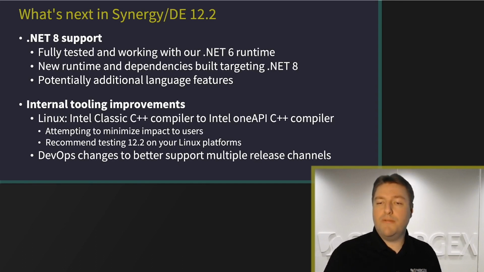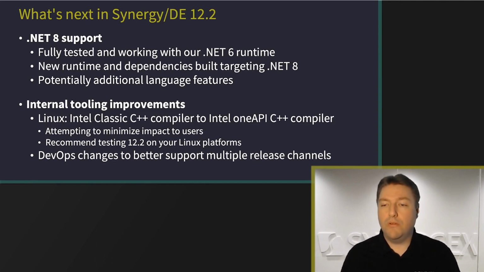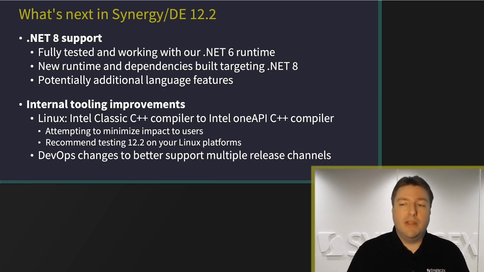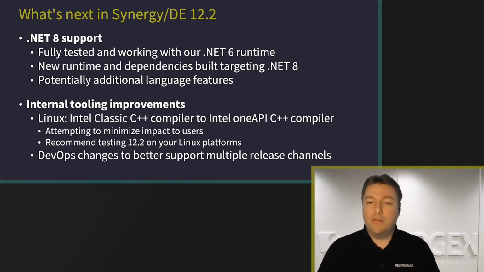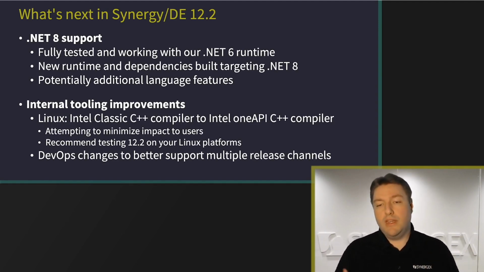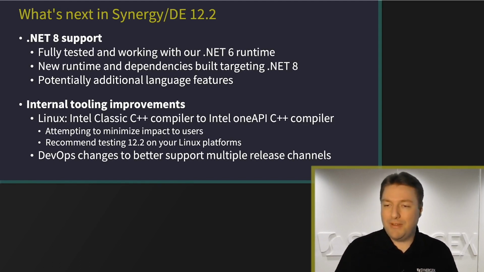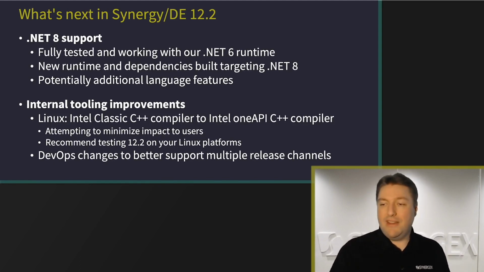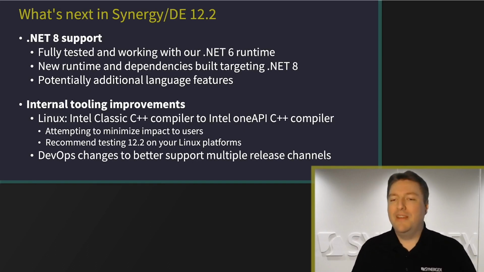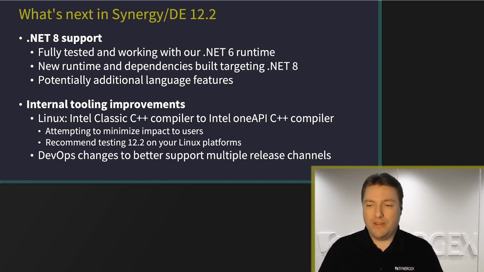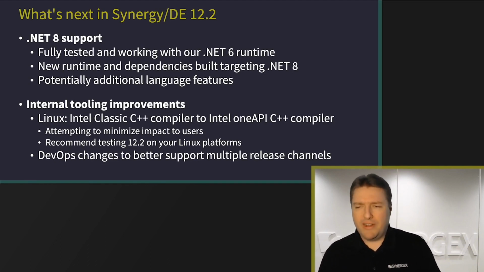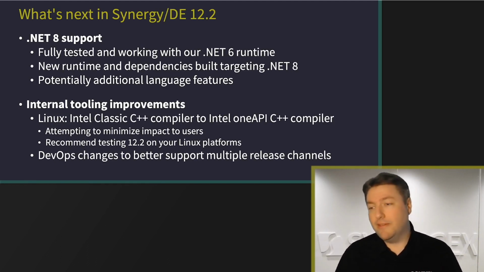We are also in the final stages of implementing some internal tooling improvements. We currently license and build our Linux software with the Intel Classic C++ compiler, which is reaching end of life. Fortunately, the Intel oneAPI C++ compiler is almost a drop-in replacement that has also improved features for us, like better static code analysis and a more forgiving license.